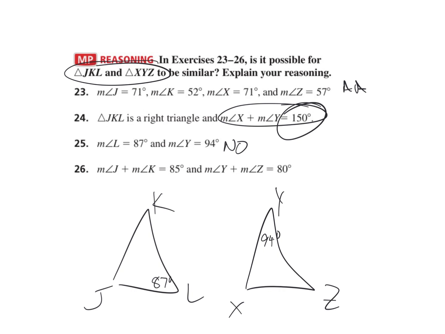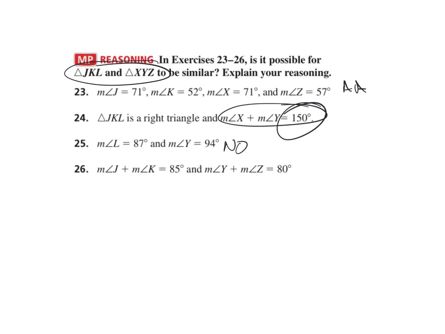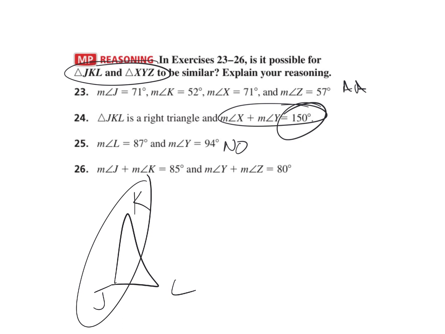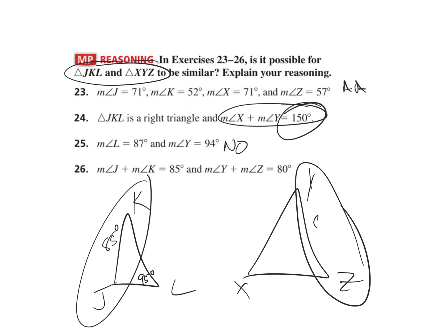So let's erase all of that. We'll do it again. Last one here, number 26. So JKL, J and K add up to 85 degrees. That, at 180 degrees in a triangle, leaves 95 degrees for angle L. All right, and then we have X, Y, Z. Y and Z add up to 80 degrees.